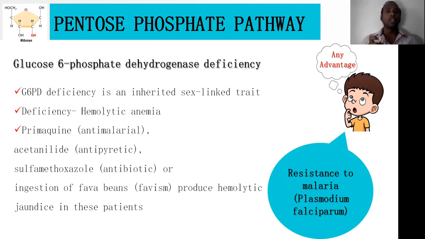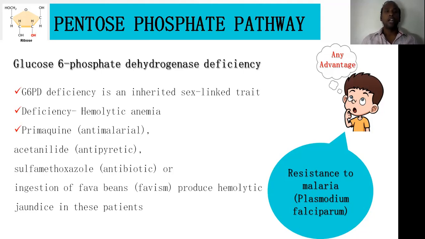Glutathione reductase functions when more NADPH is present, but that NADPH is utilized by the malarial parasite, so less glutathione is present, and the parasite does not grow effectively in this patient, so malaria is not caused.